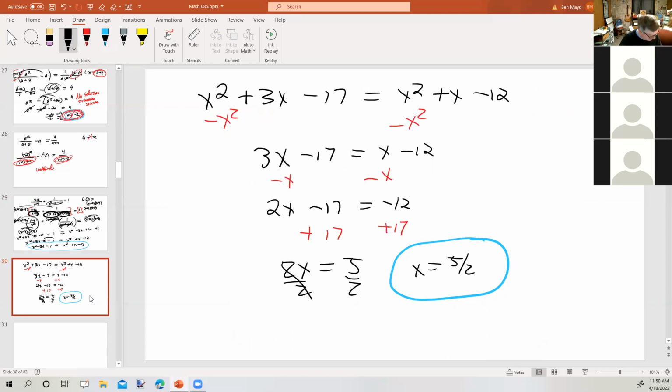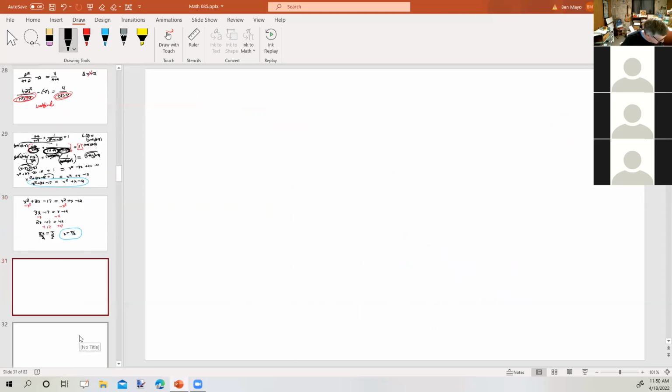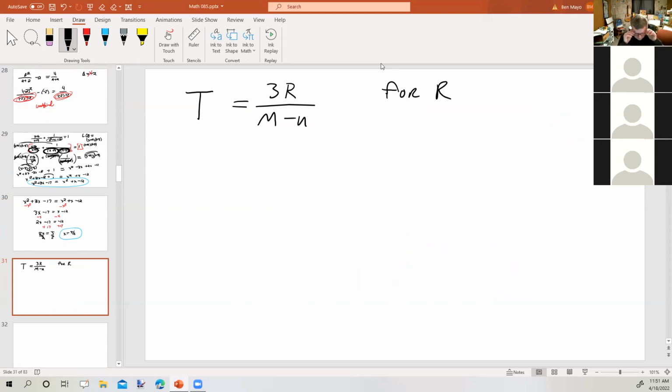Okay, now we're going to look at some formulas, and we're going to solve the formulas for the given variable. So T equals 3 capital R over capital M minus N, and solve for R. Now, a couple of things I need to tell you.